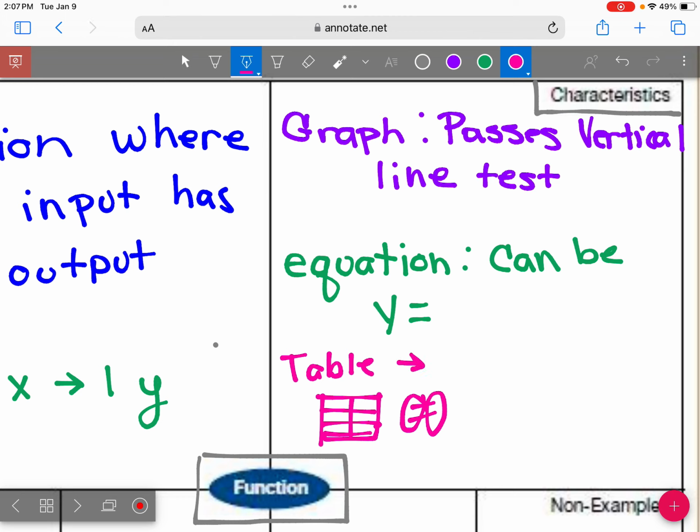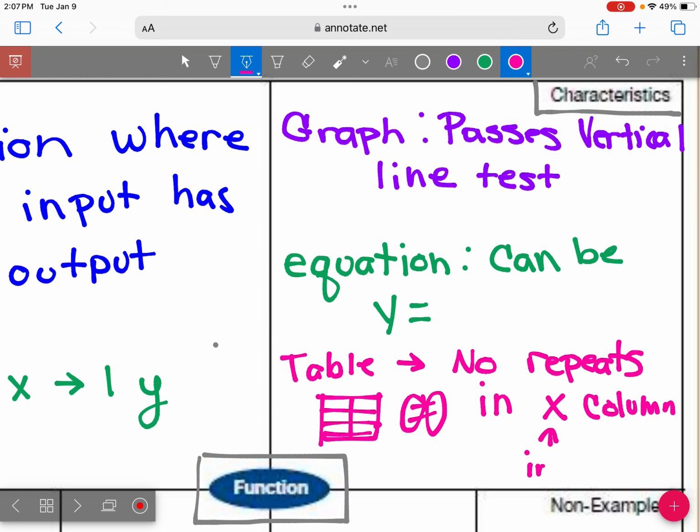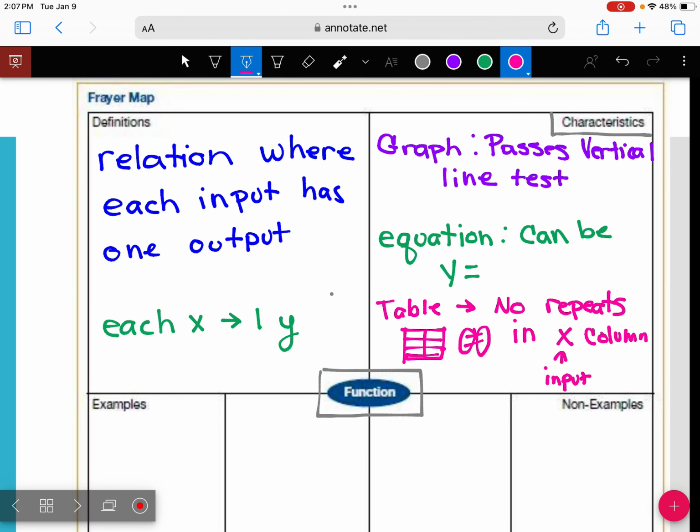On either one of these, what we're looking for is no repeats in the X column, or the input column. X is your input, Y is your output. Okay, so those are the rules and how we look for things, function versus non-function.